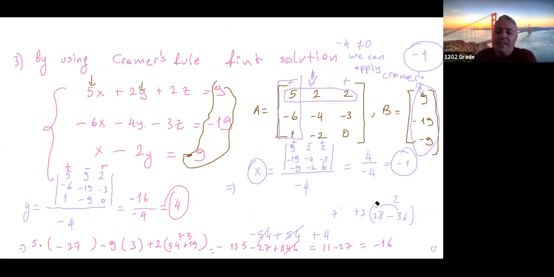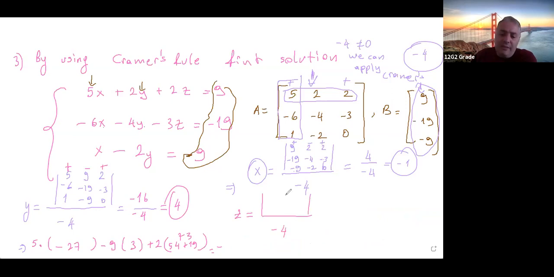And then, how can we find z? Z is the same thing; the method is the same. So this is negative 4. In the determinant right now, first and second columns are the same. The third one is now negative 19, and negative 9. And the other columns are the same: 5, negative 6, and 1, 2, negative 4, and negative 2, negative 4. And then plus, minus, plus.